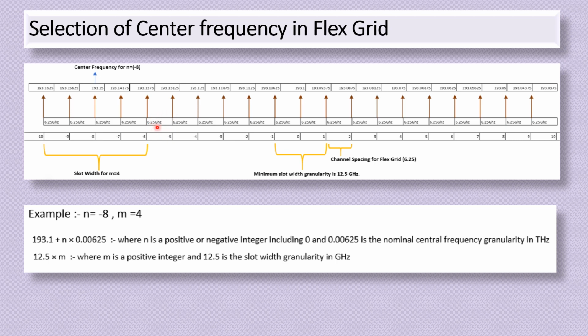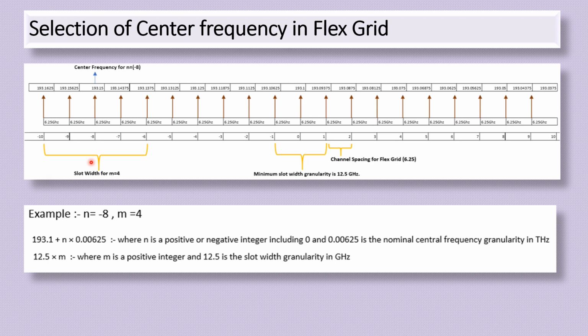If we need to choose the next frequency just adjacent to this center frequency with the same slot width, then we need to select n is equal to -4. If we choose n is equal to -4, this will be our center frequency and the 50 gigahertz slot, from 1, 2, 3, 4, from here to here. In this way we need to select our center frequency and the slot width.